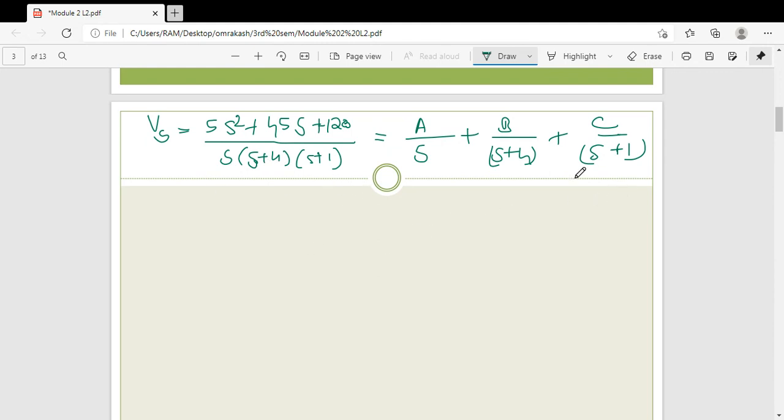So there are two methods. We can find out this A, B, C easily, but we are going to use the partial fraction method. Okay, partial fraction method.